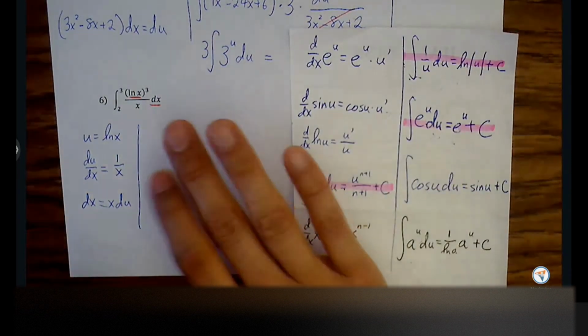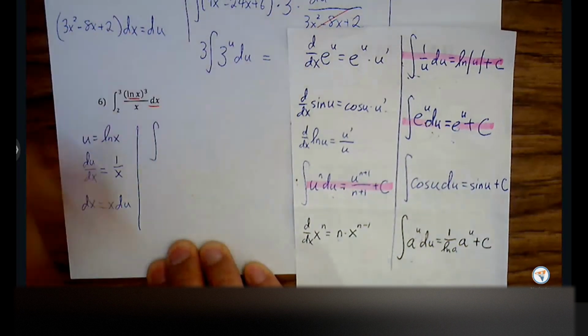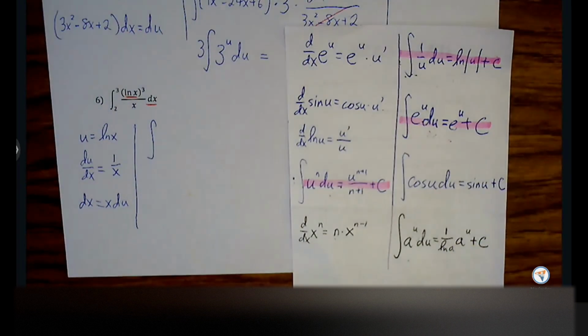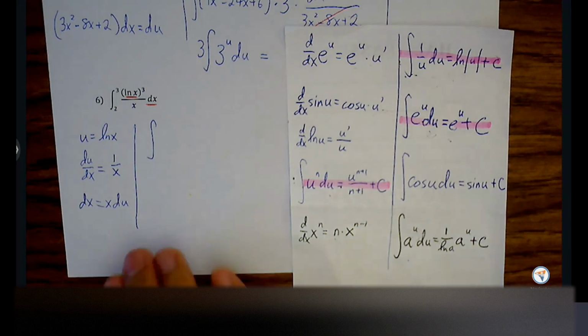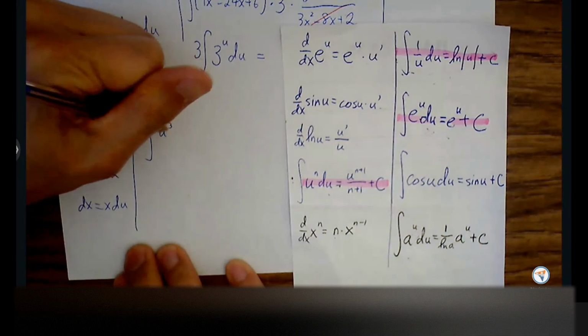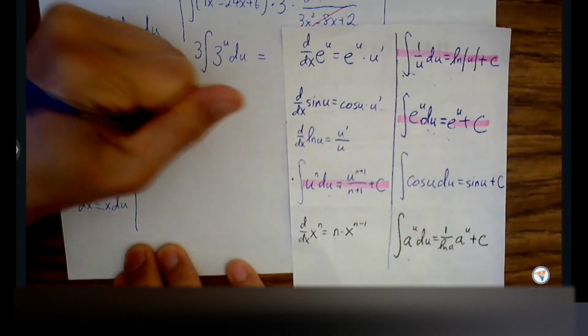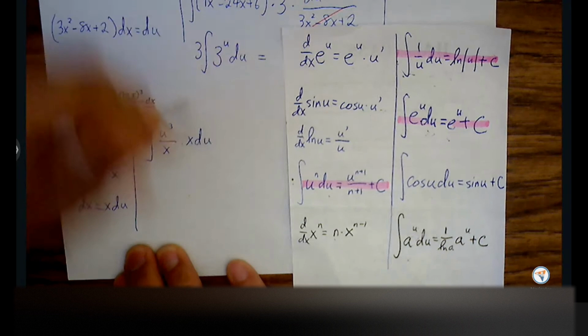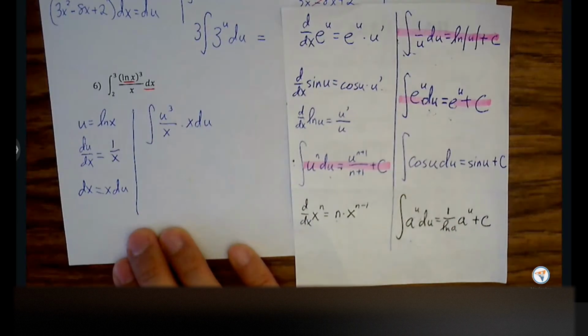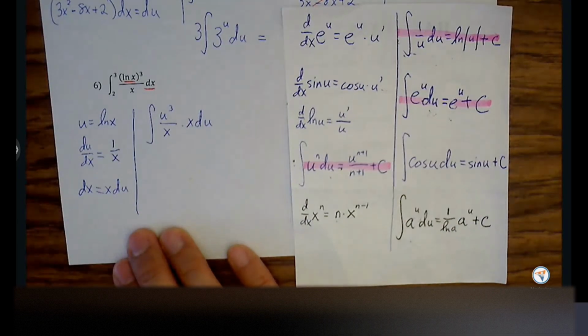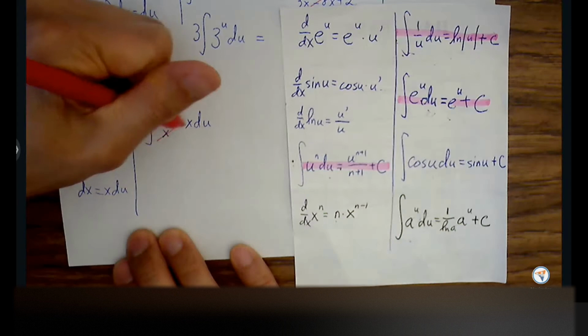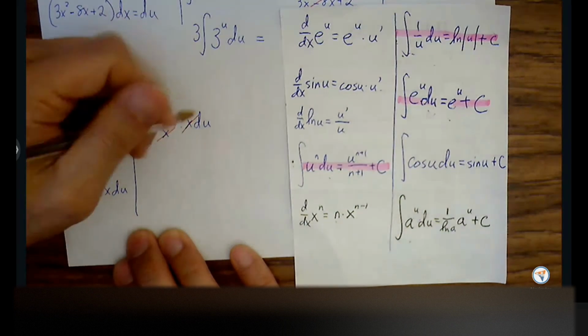All right, what does this look like here after I substitute? You plug in for the u and the dx. Okay, what goes away nicely? The x. So now we're left with a power rule, right?